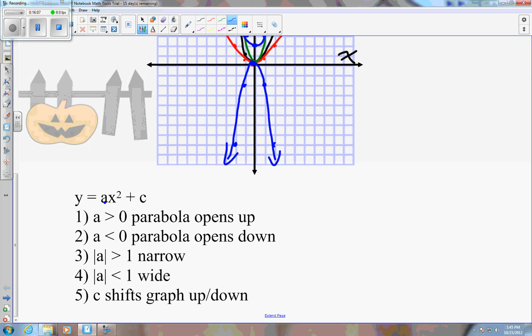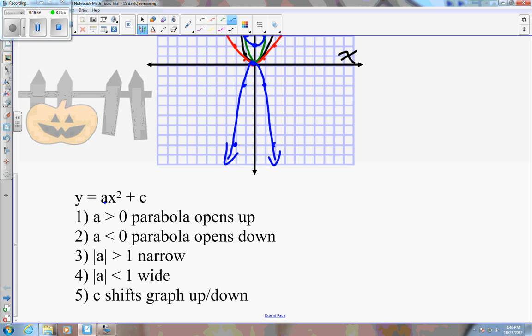If the absolute value of a is greater than 1, it's going to be narrower. If the absolute value of a is less than 1, it's going to be wider. So if you have that fraction, less than 1, it's going to be wider. I want all these written down in your notes. And then, if it's plus c, it's going to shift it up or down.